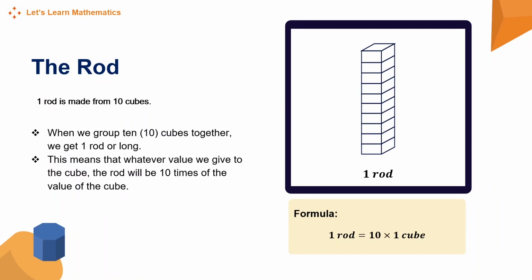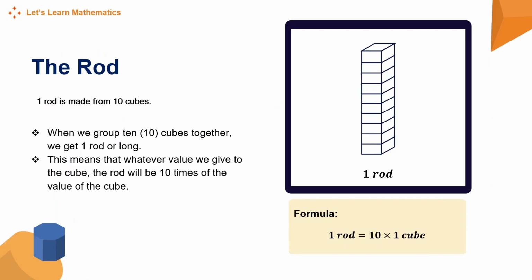It also implies that if we give any value to a cube, then the value of the rod will be 10 times the value of the cube. As seen in the box for the formula, one rod is 10 times one cube.